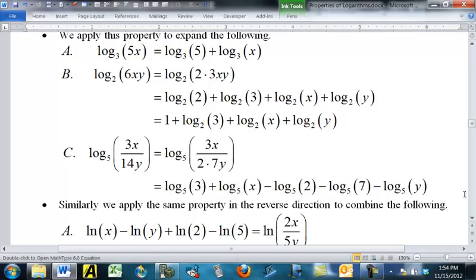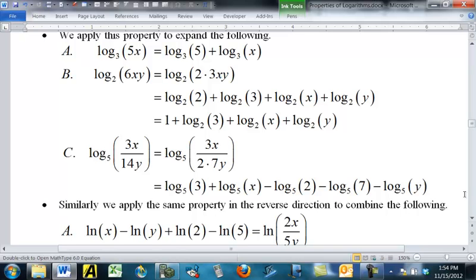So we're going to think of 6 as 2 times 3. Now when we do that, we can treat the 2 and the 3 and the x and the y exactly the same, and we can expand it as far as possible. So now we have our product of 4 things. There's no dividing, so all these will have a plus in front of them, but each one gets its own logarithm. Log base 2 of 2 plus log base 2 of 3 plus log base 2 of x plus log base 2 of y. Log base 2 of 2 is just 1, so I went ahead and simplified that for the final answer.